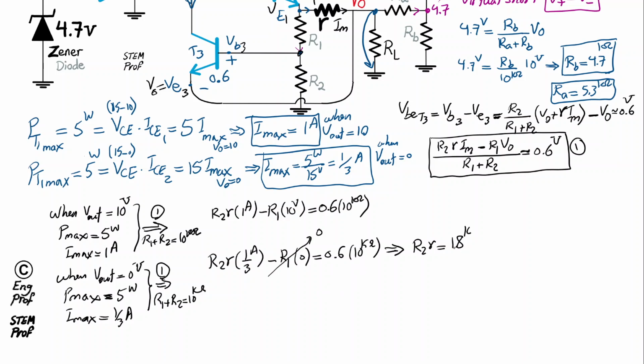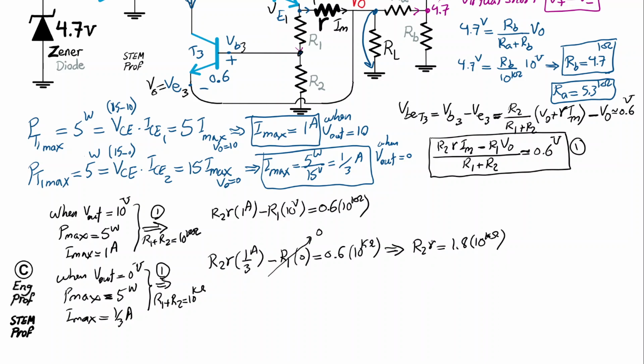Of course, it's 18K squared, because it's two resistors multiplied, so we need to be careful about the dimension. But maybe the best thing I can do is just keep it this way to avoid confusion: 1.8 times 10K. So let's keep it that way. But be careful about the dimension here, because here we have the 2 resistors multiplied.